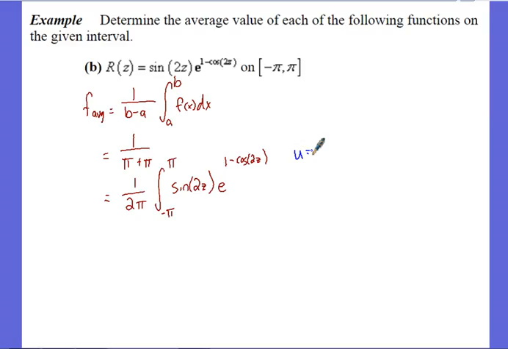The easiest way to think about it is, if this is u, then it's just e to the u. And what's the integral of e to the u? Itself. So it's the easiest thing to integrate. Because remember, that's the point of u substitution, to make the integration easy. Agreed? So u is going to be 1 minus cosine of 2z.